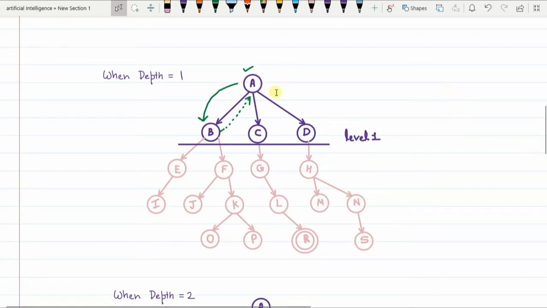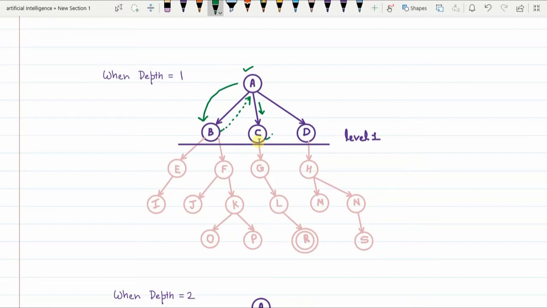Then there are 2 more options left. We randomly select any one of the options. So from A, let's say we choose C. After reaching C, we examine and see that C is not a goal node, which means C can be further expanded. But when we try to expand C, we realize that C does not have any child nodes. So what is again required? Backtracking.